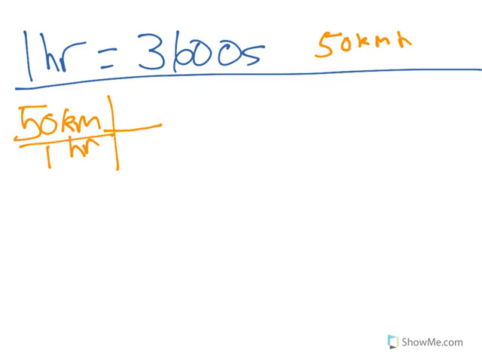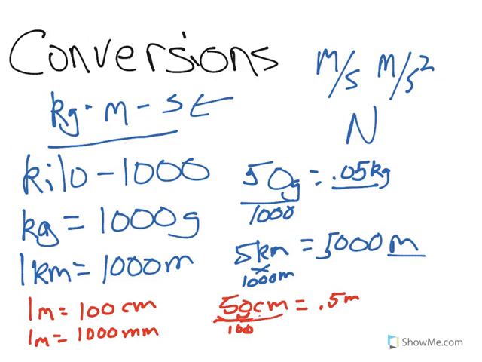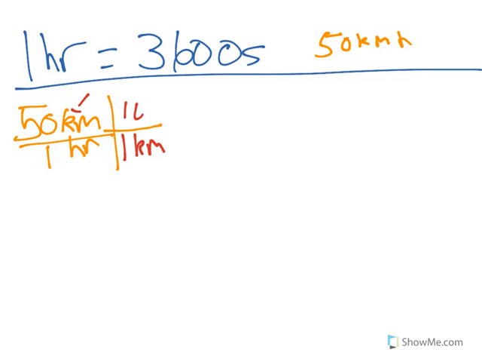What you're going to have to do is the unit that's on top, in this case kilometers, has to go below. So we get 1 kilometer, and then we put the conversion to meters, and that's 1,000. That gets us into meters. Now we need to be in seconds. How do we get the seconds from an hour?